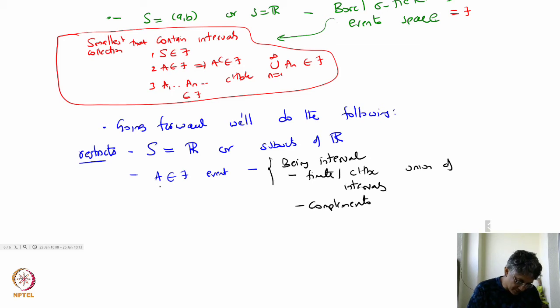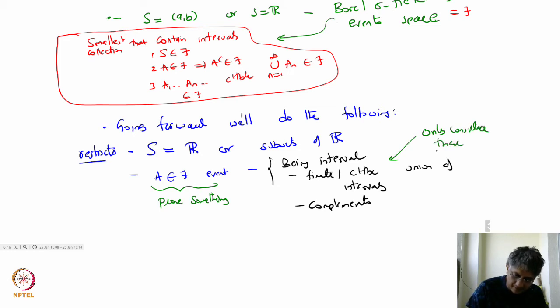So whenever we want to prove something for an event, we'll only consider these. I will not do any arbitrary collection.